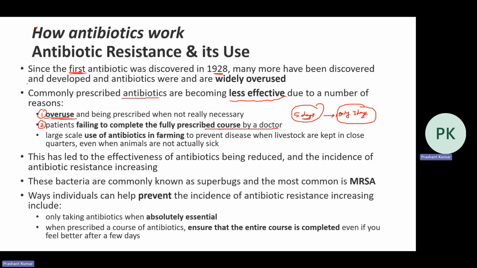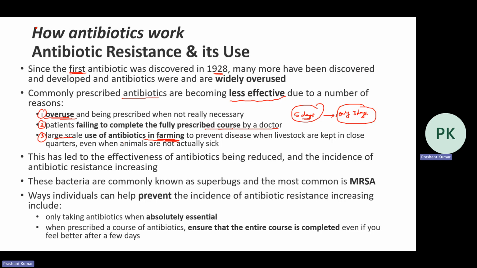And the third, which is very important, is large-scale use of antibiotics in farming. Farmers are putting antibiotics in to kill bacteria, to keep the animals healthy even when the animal is not actually sick. Which is not good.